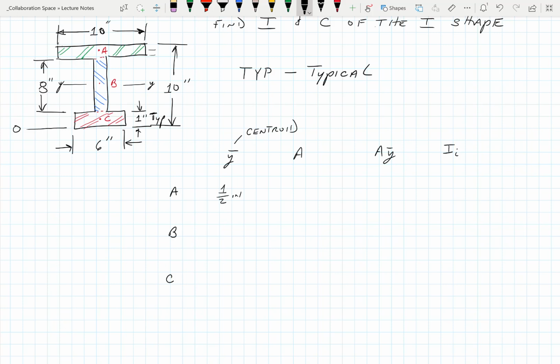Okay? So really, what is y bar from the 0 plane is going to be 1 inch, 8 inches, and a half. So 9.5 inches. Okay. The area of that shape, though, is going to be 10 by 1.